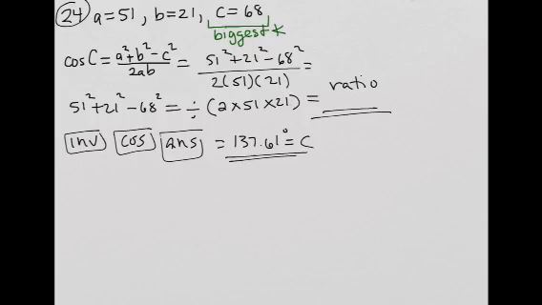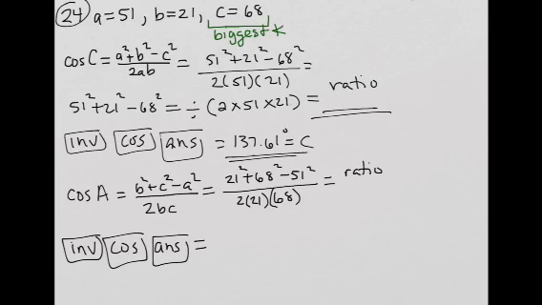Now it doesn't matter if you find A or B. I usually just go from biggest to smallest, so I'll find A next. So cosine A. Here's the setup for angle A. Remember, if you're looking for A, after the negative is the lowercase a, the side A, okay? And then the other two sides go here and in the denominator.